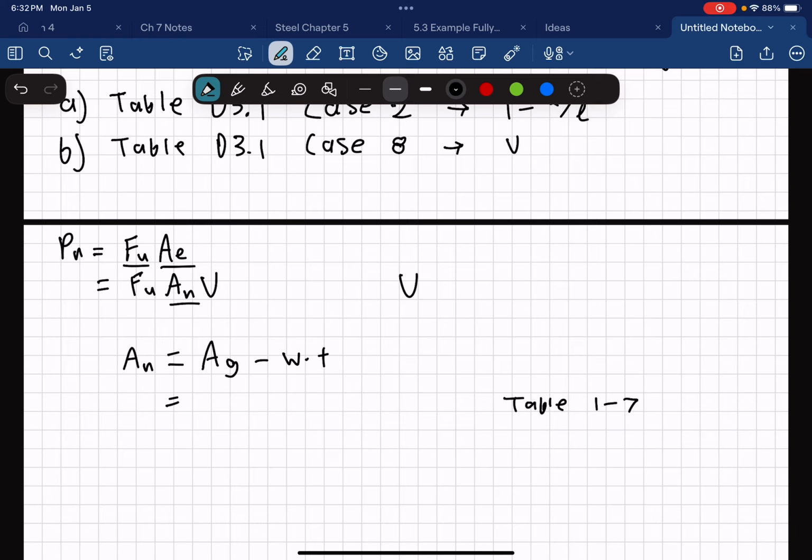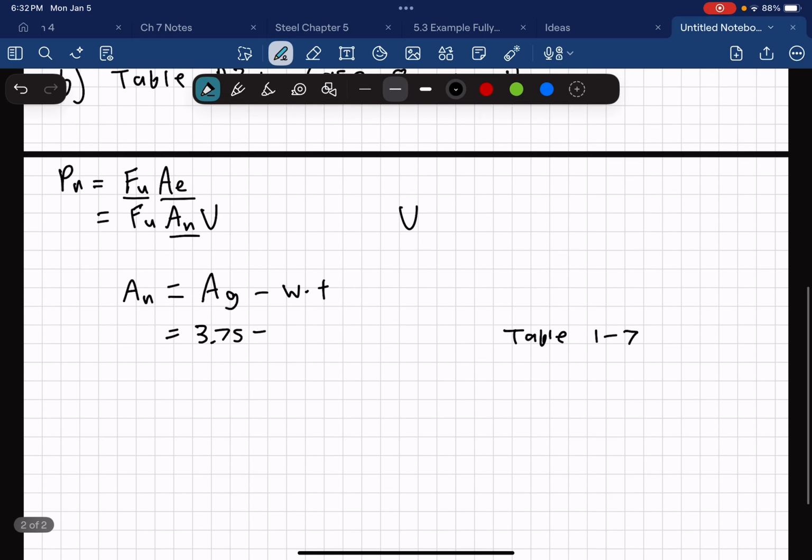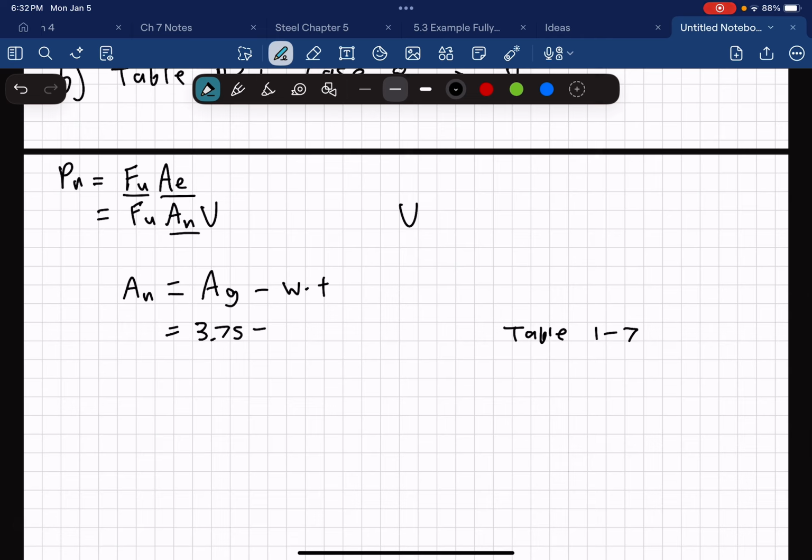An L 4x4x1/2 has a gross area of 3.75 square inches. Now the width of our bolt hole, we're told that we have 3/4 inch bolts, is going to be 3/4 plus 1/16 for roughness plus 1/16 for bolt spacing, which would give us 3/4 plus 1/8, and that is 7/8. And we have a 1/2 inch angle, so we can multiply this right here by half.